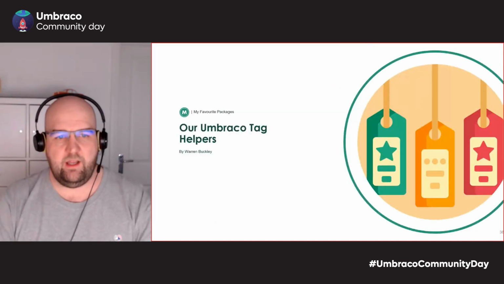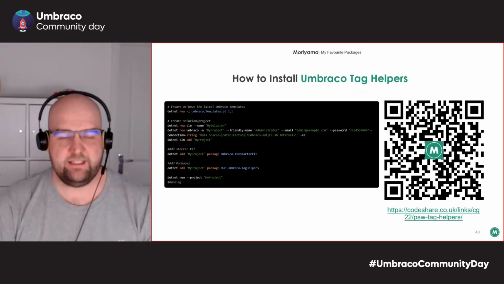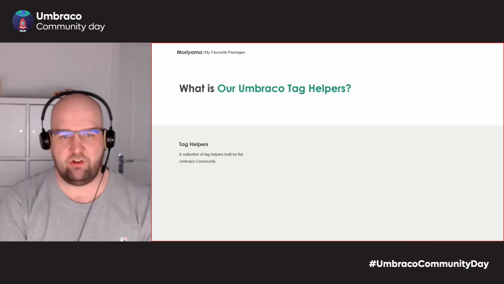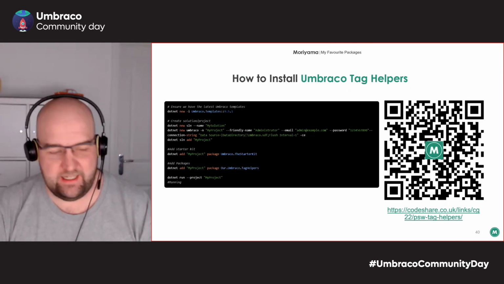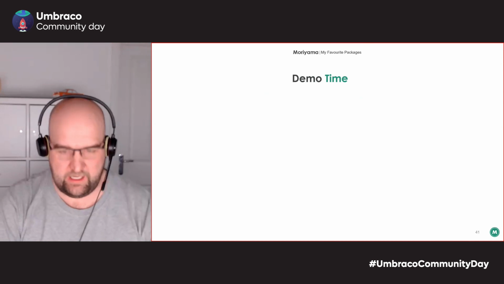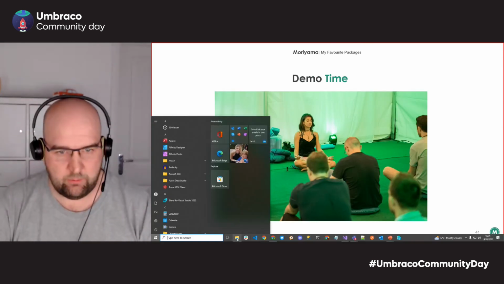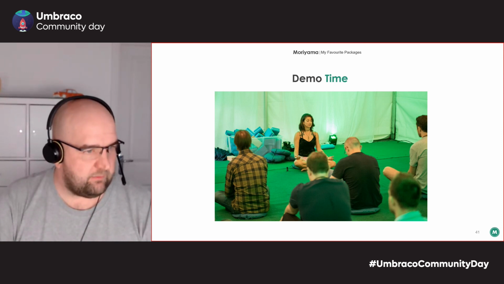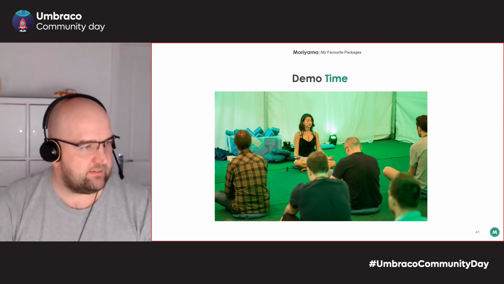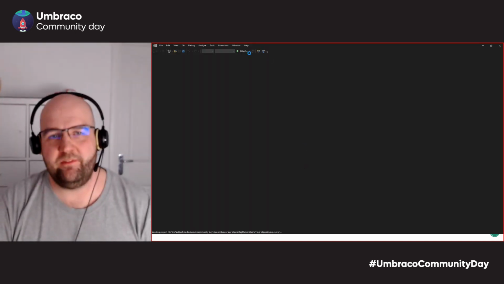So let's move on. Umbraco tag helpers. This is also a good one. This is one of my favorite packages. I've actually contributed to this. And Umbraco tag helpers is cool. With .NET Core, we can use tag helpers. The tag helpers I'm demonstrating today, as filler content for you, are a couple.